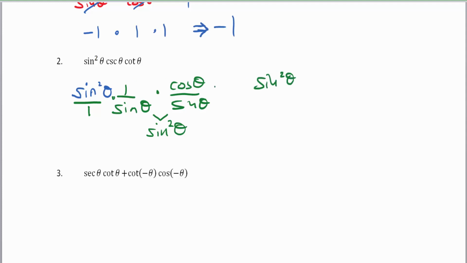This is our original blue sine squared theta. And now we have this multiplied by a cosine theta, but it's now divided by a sine squared theta, and thanks to cross simplification right there, see, I'm trying to say simplify more than cancel. So thanks to this cross simplification, we have now cosine theta.